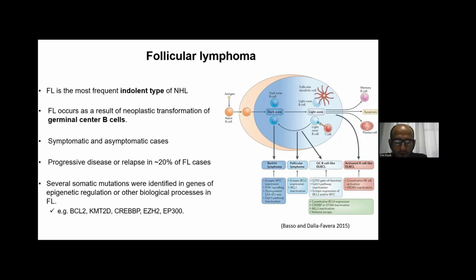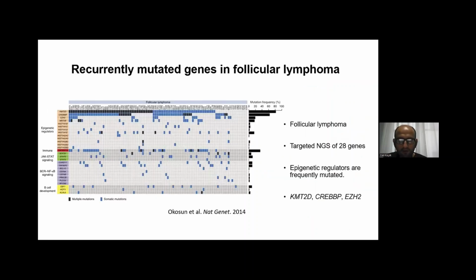The most frequently mutated ones are BCL2, lysine methyltransferase 2D, CREBBP, EZH2, EP300. As you can see, most of these genes are epigenetic regulatory genes, so they have pathogenetic alterations in follicular lymphoma.